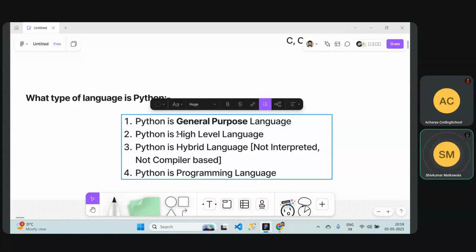Next one, Python is a high level language. The language which is used by humans to communicate with machines is called a high level language, because high level languages are what we can understand as humans.